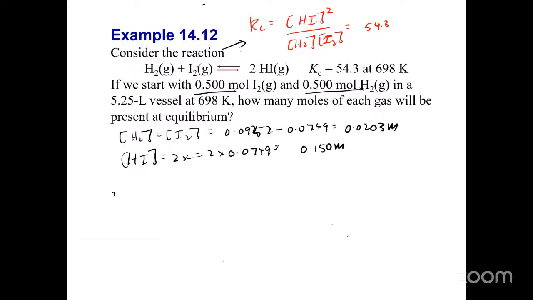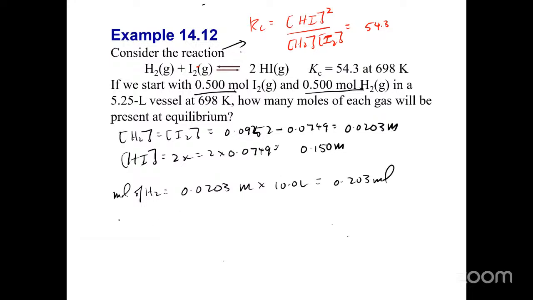So the moles of H2 would be equal to 0.0203 M multiplied by the volume in liters, which is 10.0 liters, and that would equal 0.203 moles.